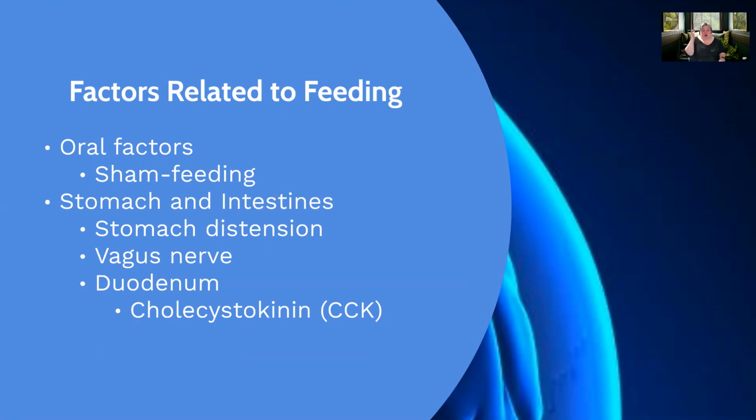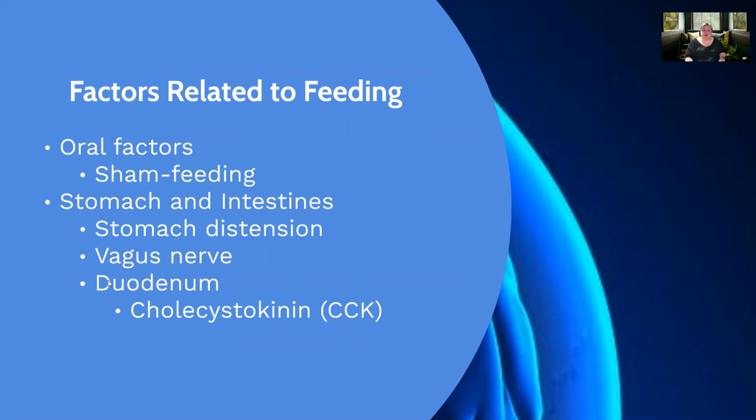The duodenum is, again, part of the small intestine that adjoins the stomach, and it absorbs nutrients, and nerves inform the brain about the distension of the duodenum and the amount of nutrition, the nutrition that we need. It releases a hormone called cholecystokinin. I may have botched that, but it's also CCK for short.